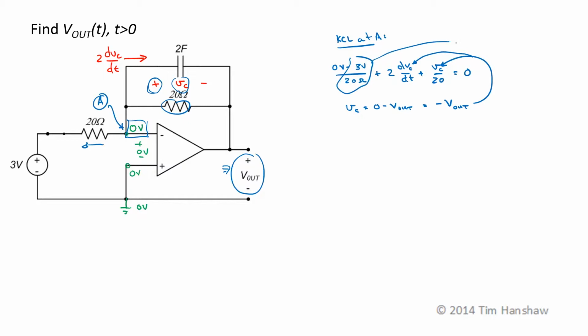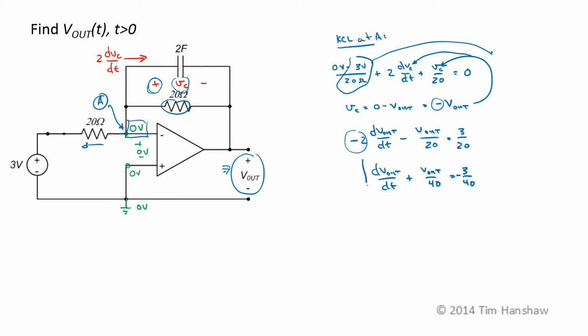Taking the 3 over 20 to the other side, I get 2 times dV out by dt with the negative sign to keep track of this sign change, minus V out over 20 is equal to 3 over 20. Now writing that in standard form, I divide out this negative 2, so I get dV out by dt plus V out over 40 is equal to negative 3 over 40.